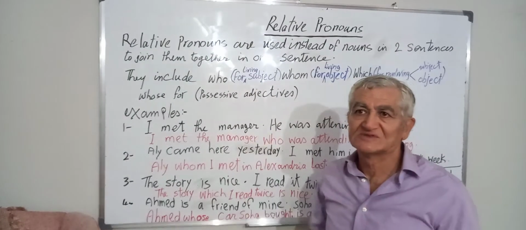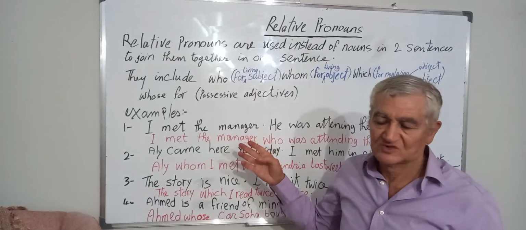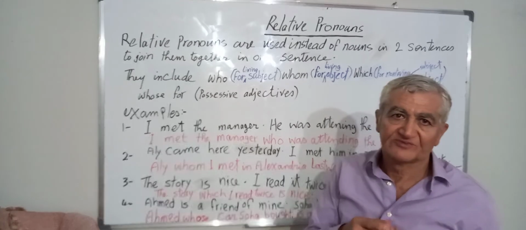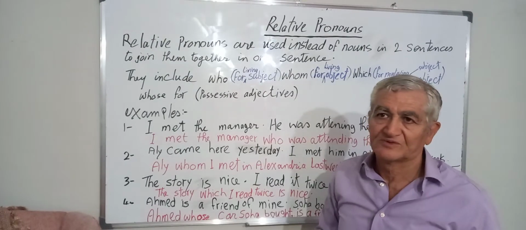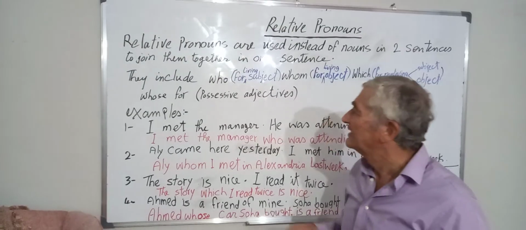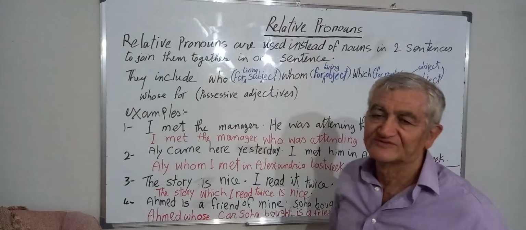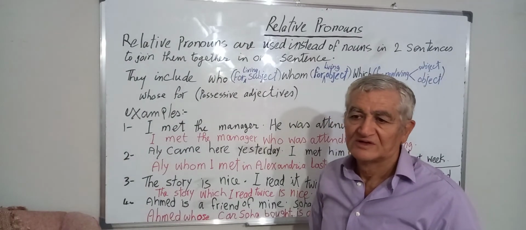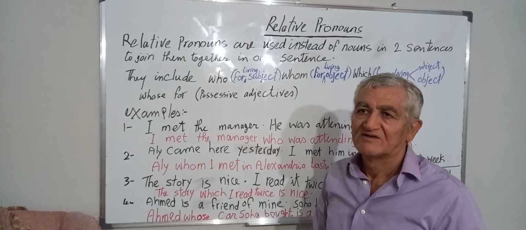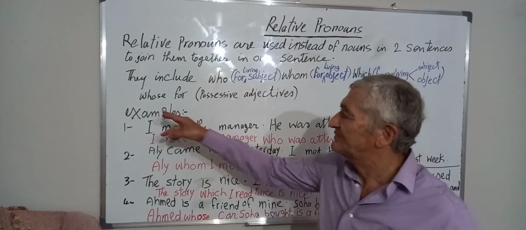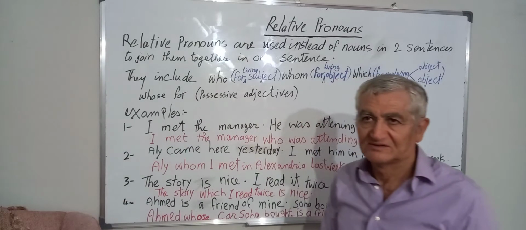We have studied possessive adjectives when we talked about pronouns. The nominative pronoun is the subject pronoun, and the accusative pronoun is the object pronoun, and the possessive adjectives are like my, your, our, his, her, their, and its. Okay? Examples will explain this in detail.